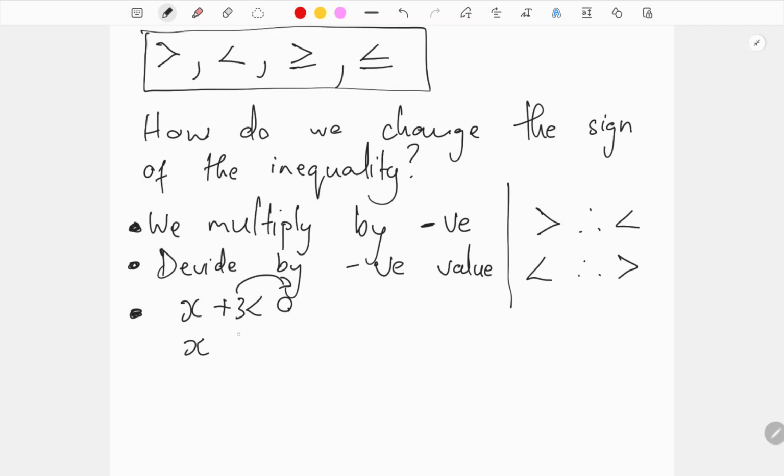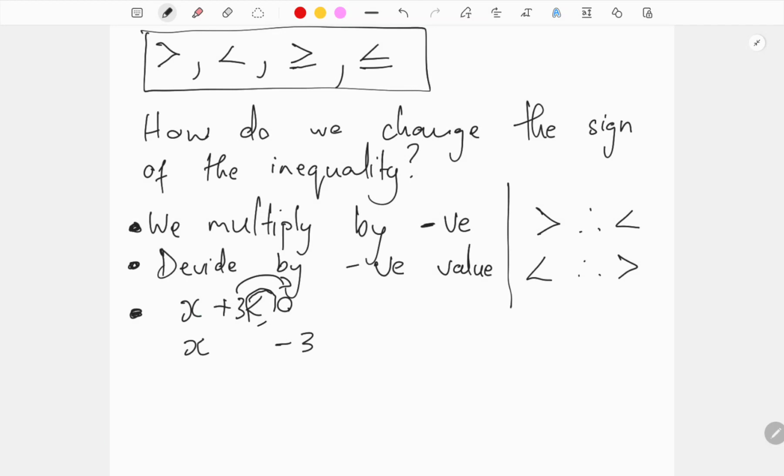It's gonna be x plus 3 less than 0, and then you transpose it. It's gonna give you minus 3 this side. But now you need to take the inequality sign into consideration.